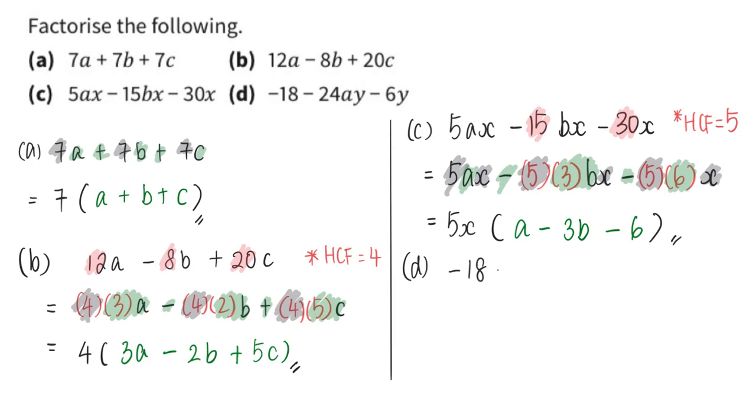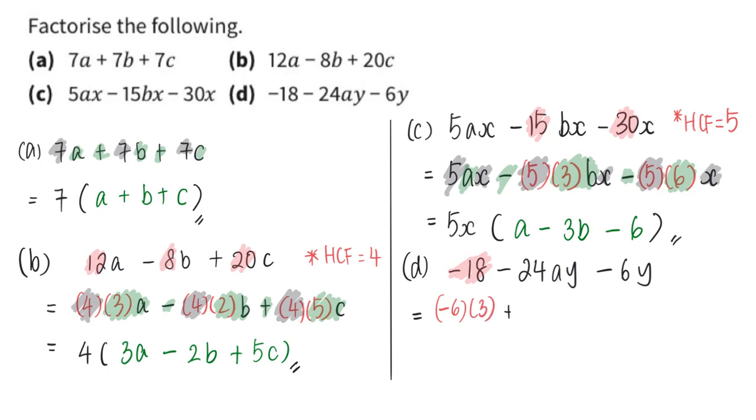negative 18 minus 24ay minus 6y. So I'm going to rewrite everything as, I saw that the highest common factor will be 6, but I also saw negative throughout. So you will see Mr. Tan rewrite negative 18 as negative 6 times 3.